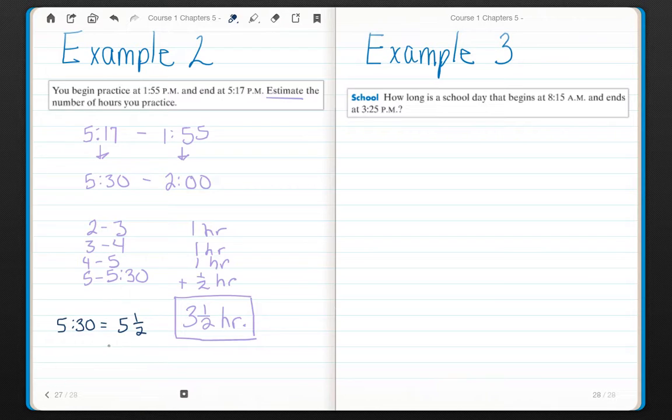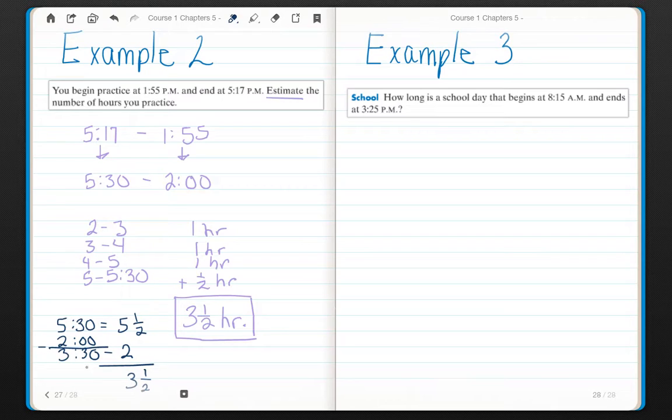That 30 minutes is half an hour. Minus 2 o'clock when you started. Well, a half minus nothing is a half, and 5 minus 2 is 3. You come up with the same answer. Doing it this way, you get 3 hours and 30 minutes.